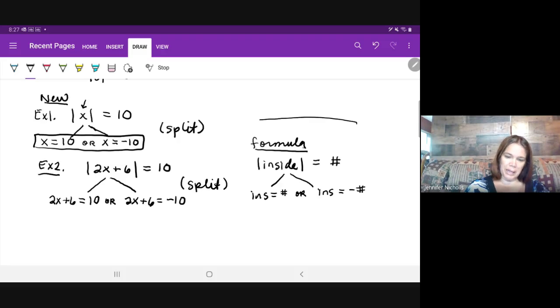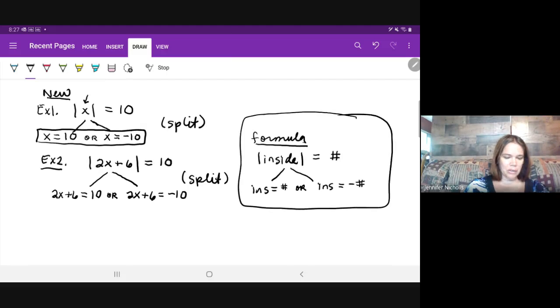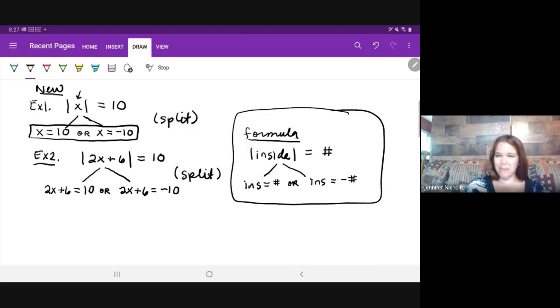So this is our whole plan for the questions that we're going to do. Sometimes they get more complicated, so I'll go over those as we get to them. We have to finish the problem though. How do you finish this example 2? How do I solve for x on this one? It's kind of like you have 2 separate answers.